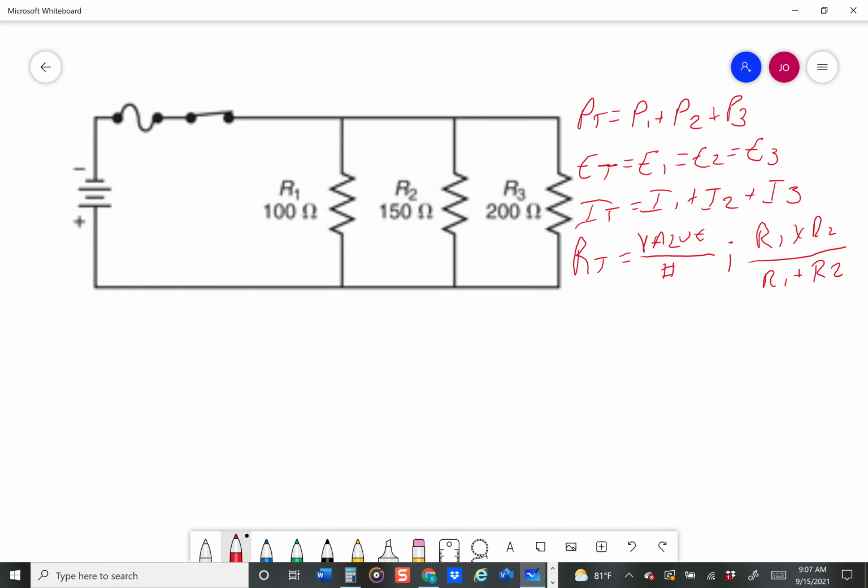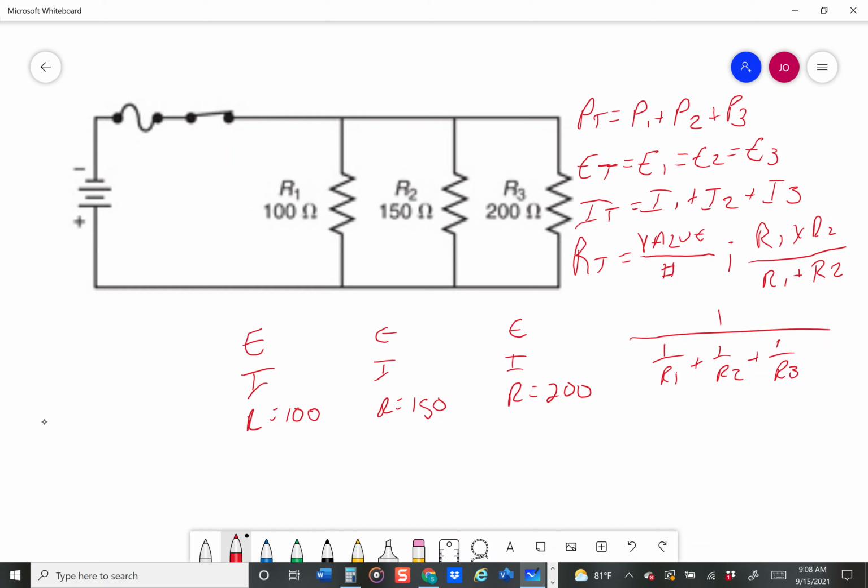But the one we all fell in love with in first year was the reciprocal method, 1 over R1 plus 1 over R2 plus 1 over R3. What we would use for that was the x to the minus 1 button, which is over the number 7 on your calculators. So when we do this equation, we'll do our PIER charts again: E is 100, E is 150, and E is 200.